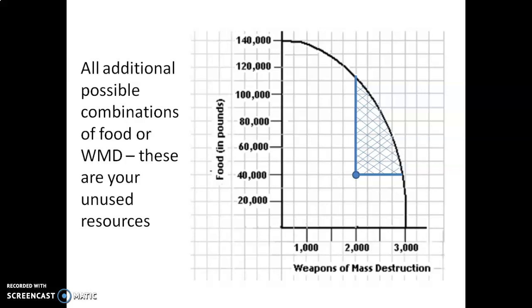So the shaded area should look, basically, like what you see here. Your shading might look a little different, but you get the point. These are the unused resources. And I want to make sure that that is clear to you. I want you to be able to graphically illustrate unused resources if we are producing at a point that is inside the curve. And with that, this presentation is over.